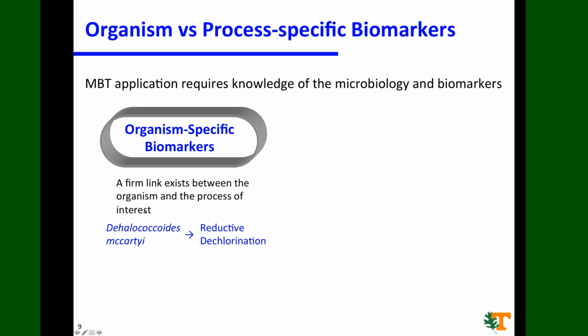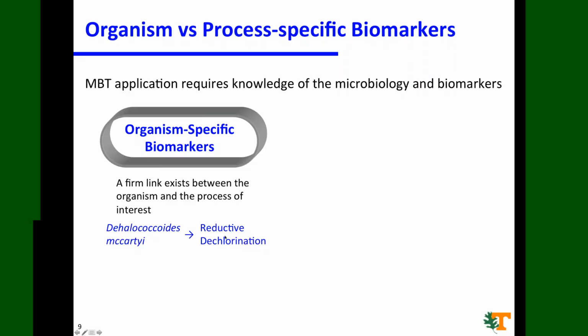Remember what I said before between versatile and specific lifestyle. If an organism has a very specific lifestyle, like Dehalococcoides mccartyi, it can only do one thing, reductive dechlorination. Measuring the presence of the organism can give you information about the process.